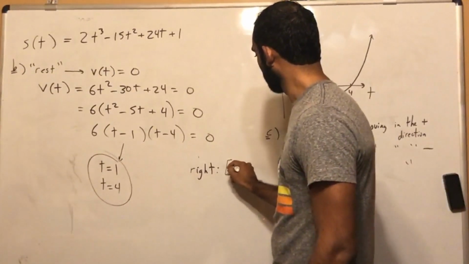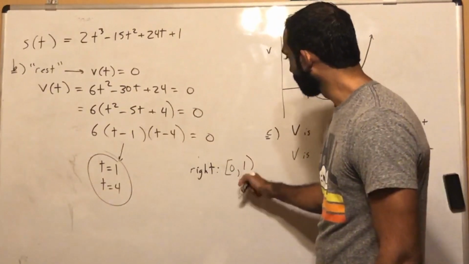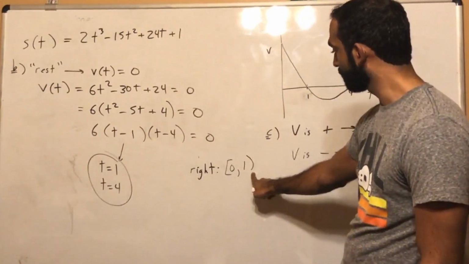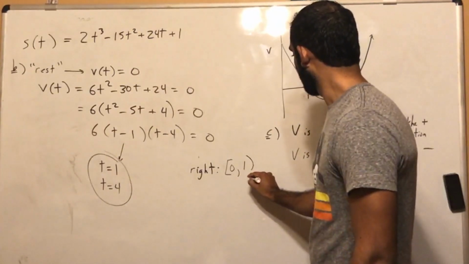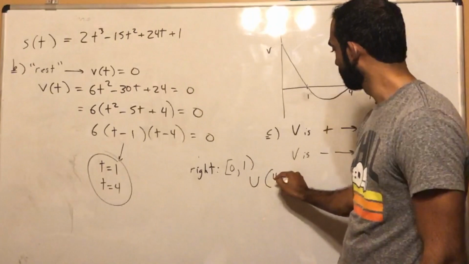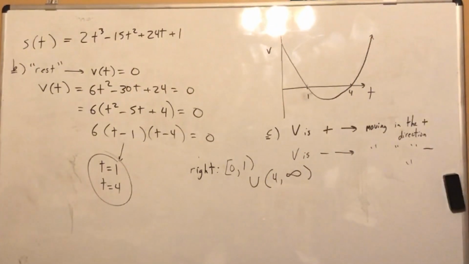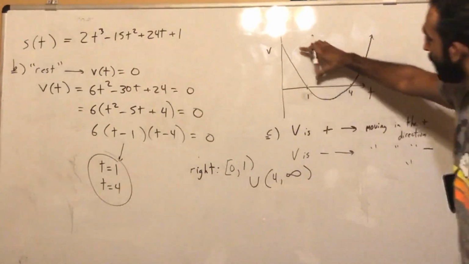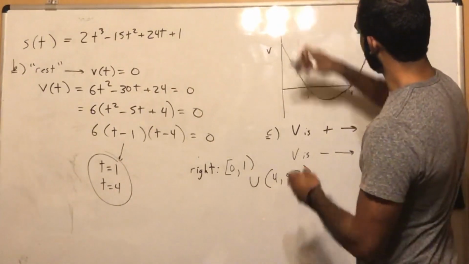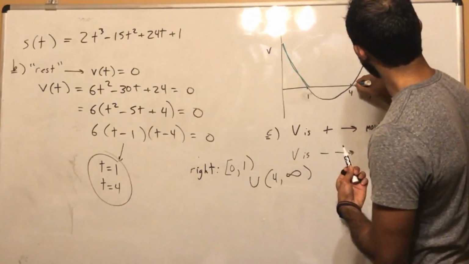So, closed bracket, we're including 0, we're not including 1, so close parenthesis, and we union that with 4 to infinity. Our v value is positive here and here.